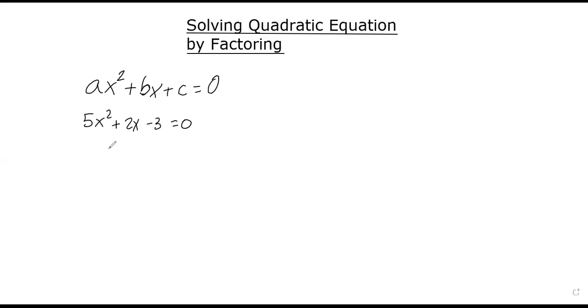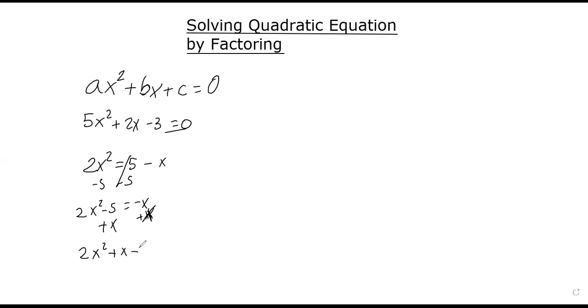If it's not in this form, if you have something like 2x squared equal to 5 minus x, you have to solve it in order to make it equal to 0. Subtract 5, and you have 2x squared minus 5 equal to negative x, and then add x, and it will be 2x squared plus x minus 5.